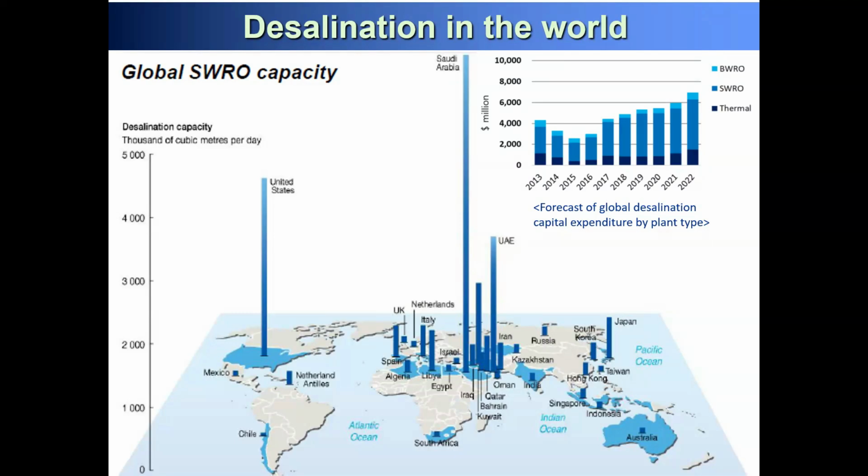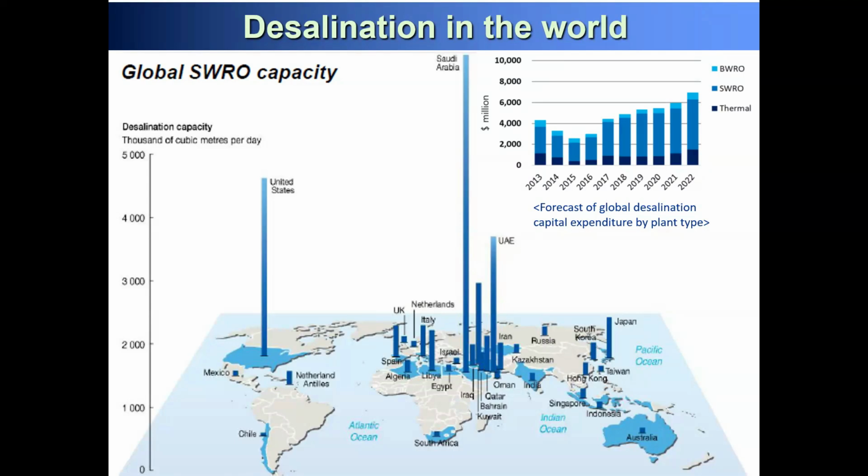So let's see the general information on seawater desalination, the SWRO. You can see in Australia, we have 6 major plants of seawater desalination.